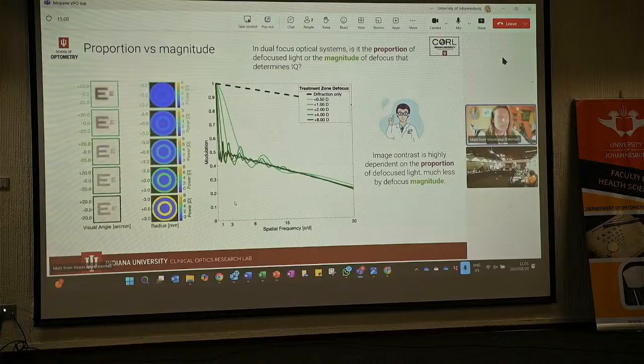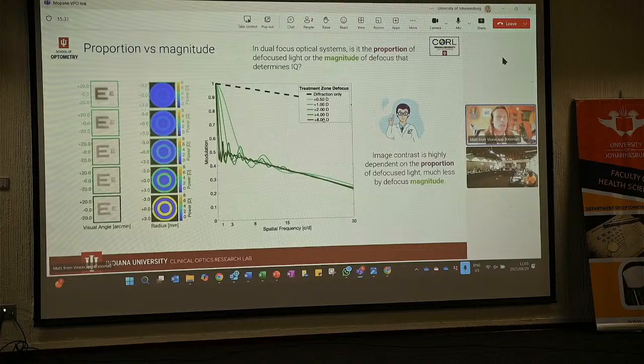How about the magnitude? So now I have decided to look at my lens and change the amount of the focus that we put in. We change the amount from one half all the way to 20 diopters.